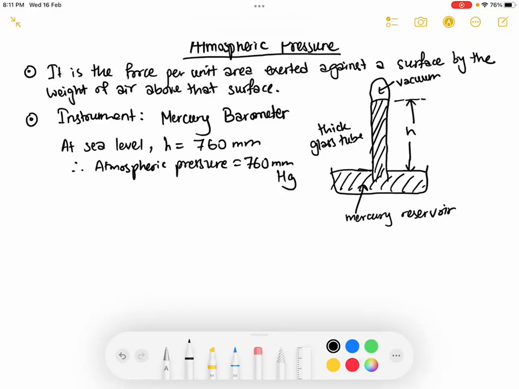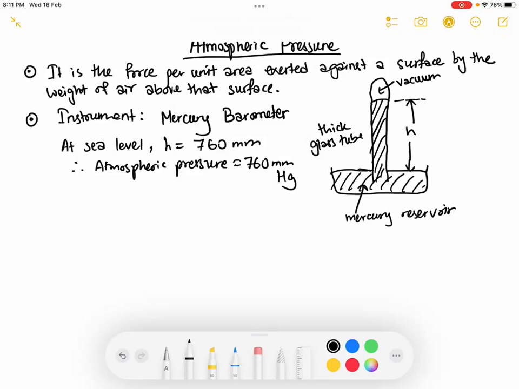Now, even if that thick glass tube is tilted, slightly tilted or whatever, h, that height, will still remain the same. If the height remains the same, even if it's tilted, the atmospheric pressure will also be the same, right? Exactly.